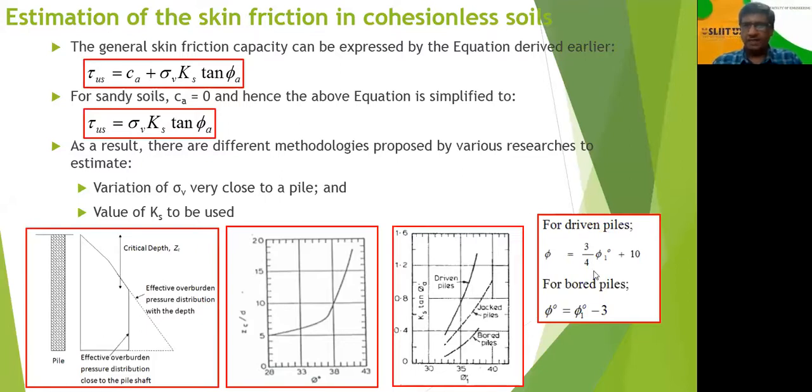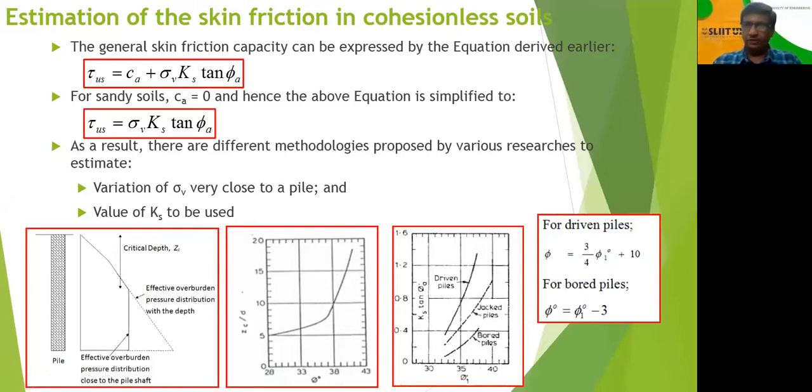But what we say is that for driven piles, if you have a phi value before the installation of the pile, then you have to modify the phi value according to this equation. For bored piles, always the initial phi value minus 3 degrees will give you the phi value after the installation of the pile.